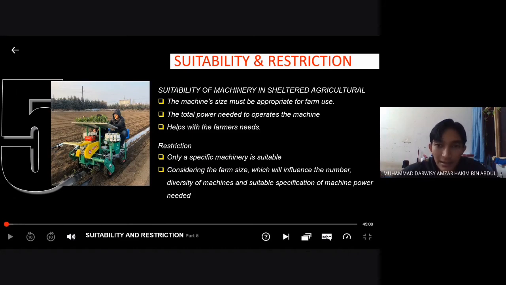So in sheltered agriculture, we only use specific machinery, like small machinery that can be used a lot in the farm. Next one is considering the farm size, which will influence the number and diversity of machines, and the machine power needed. As I said, we need a specific machine that has low or high machine power, as needed in a certain farm of agriculture shelter.